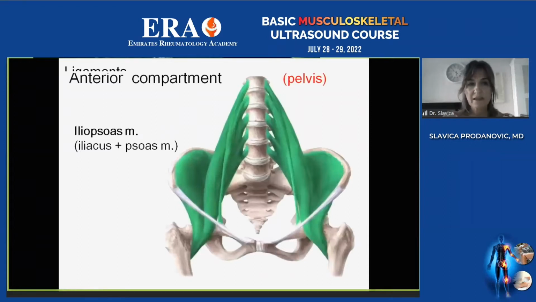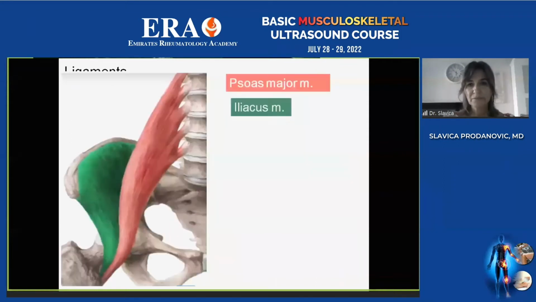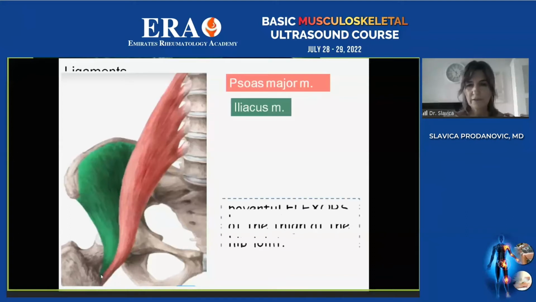At the pelvis level, we have, as you can see, the iliopsoas muscle. This muscle consists of the psoas major muscle and the iliacus muscle. As you can see, both attach to the lesser trochanter. This muscle is a powerful flexor of the thigh at the hip joint.